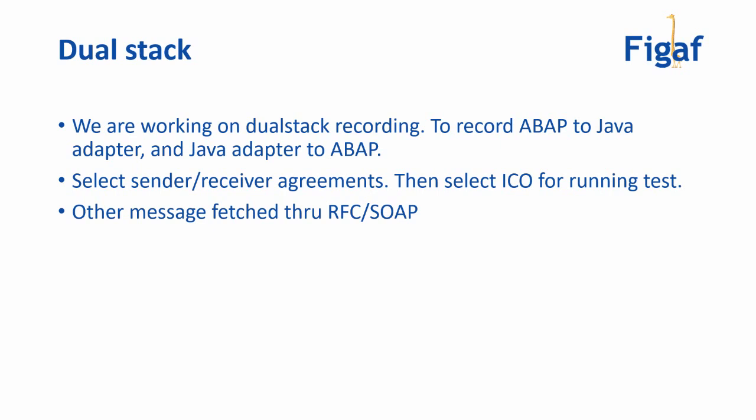Or actually we can also do Java to Java using sender-receiver agreements. So you would select the sender-receiver agreement you want to do recording on, and then what are the ICO you want to test this message on. And then you can send the message through. There's a small component you would install on your system, the small ICO that will enable you to fetch these messages through the IRC protocol of the ABAP-based system.